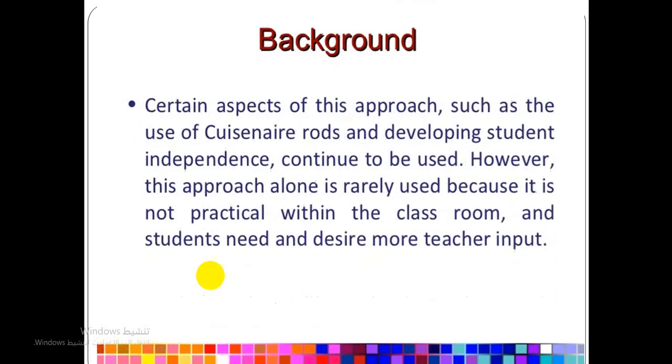Also, in this method, learning is facilitated if the learner discovers or creates rather than remembers and repeats what is to be learned. This is the background of this method.